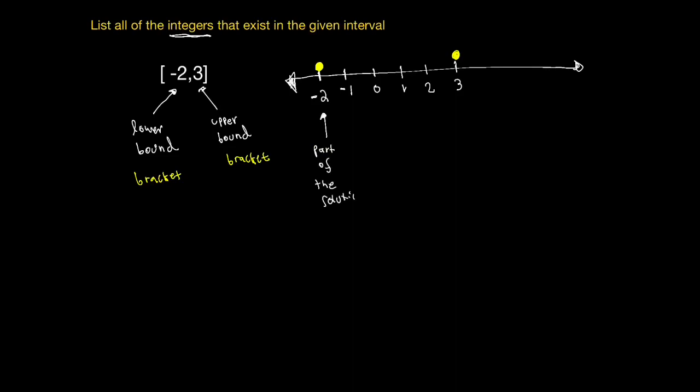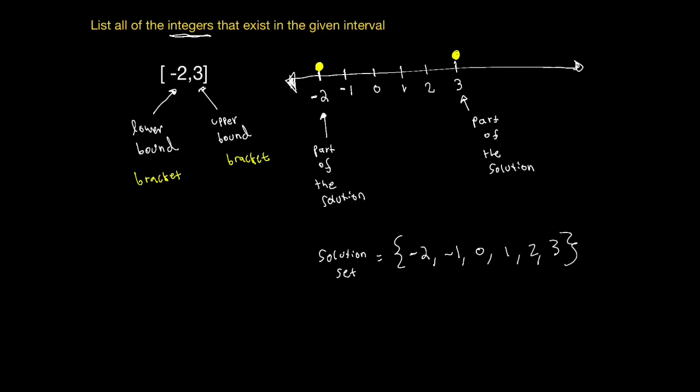Then on the right, we also have a closed circle, so we can say that the 3 is also part of the solution. Now we list all of the integers that are solutions to this interval. So the solution set is -2, -1, 0, 1, 2, and 3.